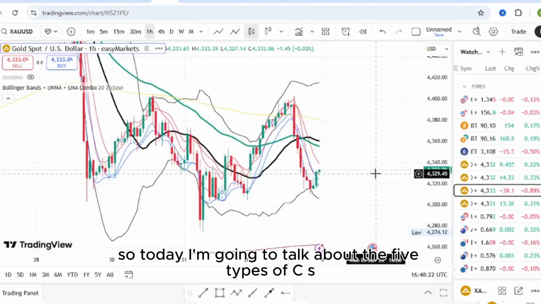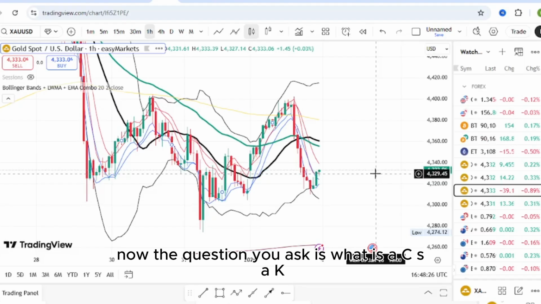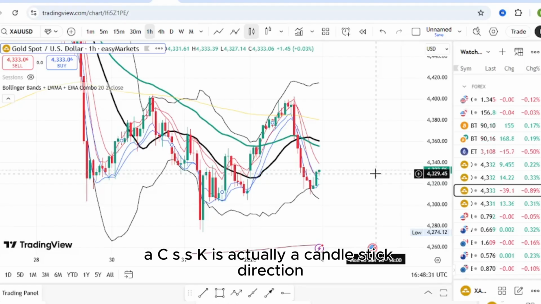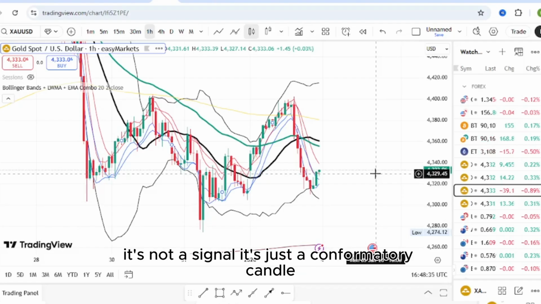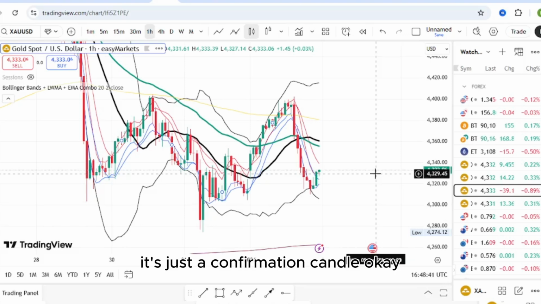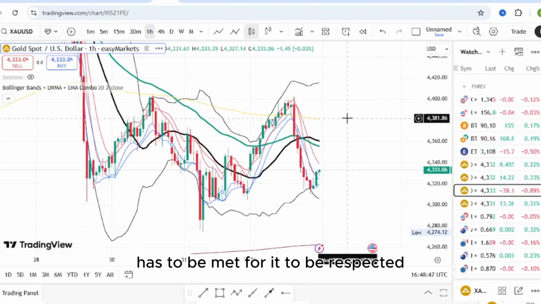CSAK. Now the question you ask is, what is a CSAK? A CSAK is actually a candlestick direction. It's not a signal. It's just a confirmation candle. It only works when certain requirements are met for it to be respected.